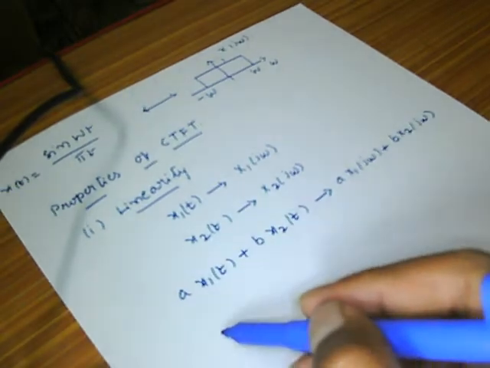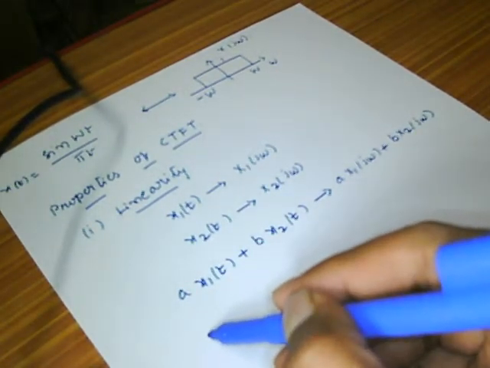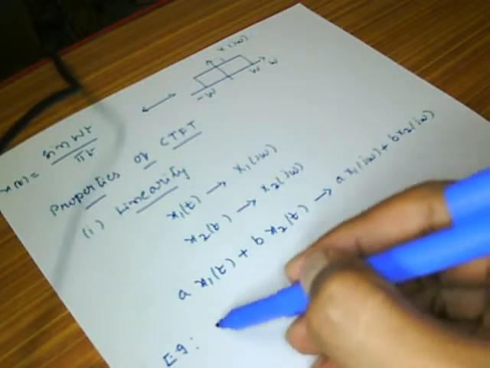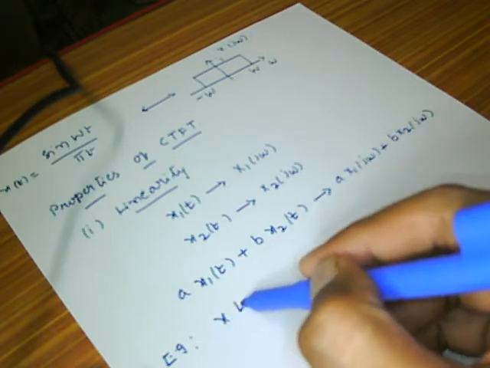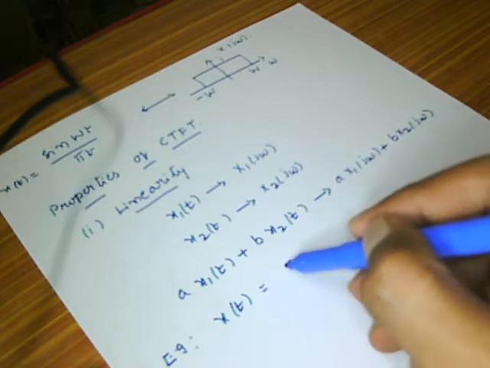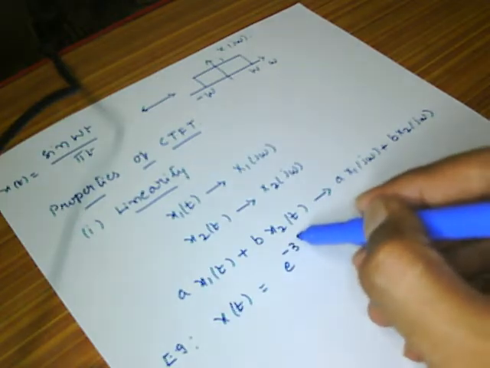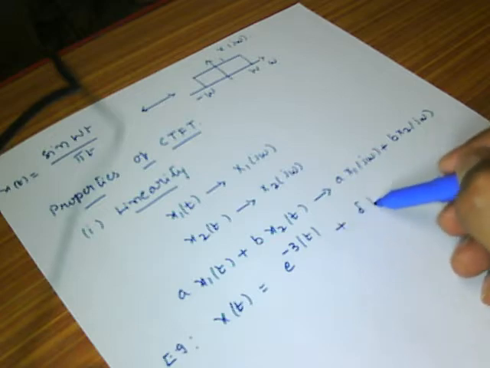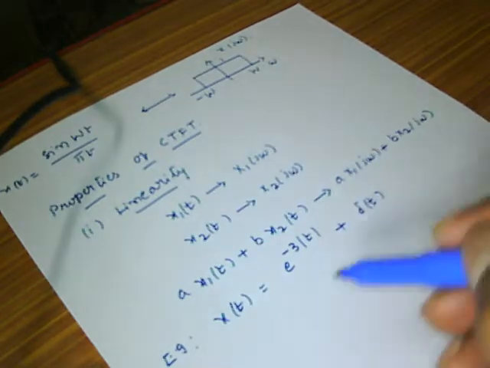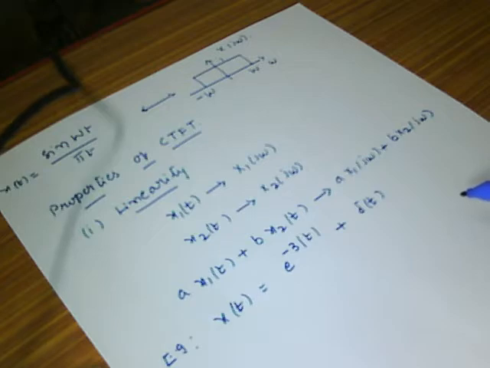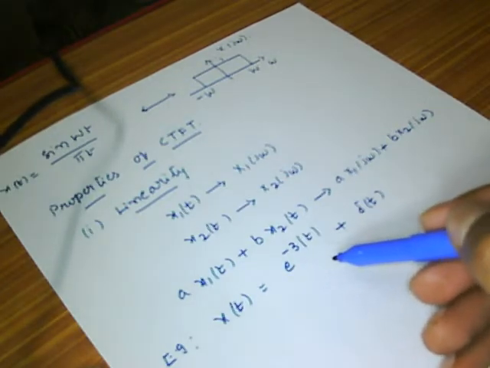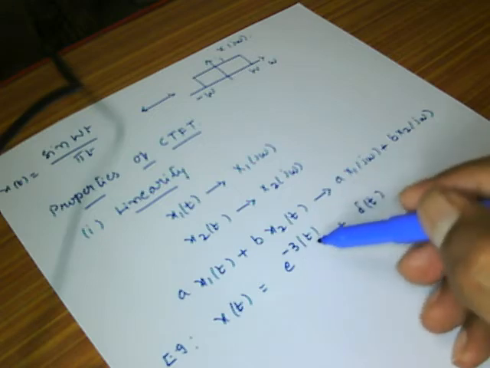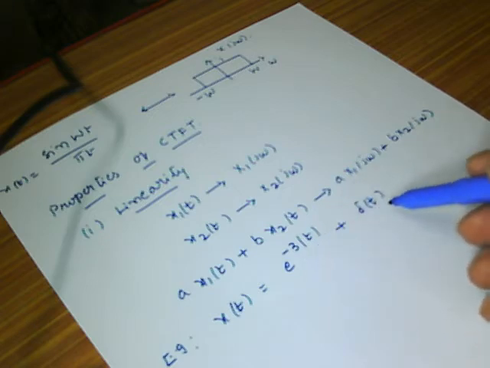So we will take a small example. So if we want to find, let us say, the Fourier transform of the signal defined by x of t equal to e power minus 3 mod t plus delta of t. So what does linearity property say? It says that you directly find the Fourier transform of individual signals and then add them.